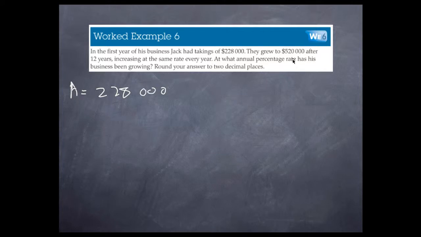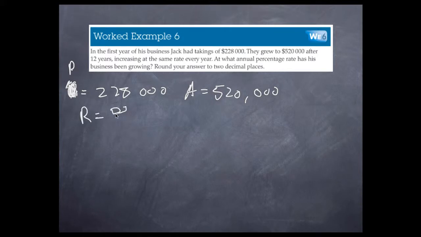Sorry, the takings are actually the principal, so that's the actual principal. And they grew to, so the amount should be 520,000 after 12 years, increasing at the same rate every year. And what annual percentage rate has his business been growing?